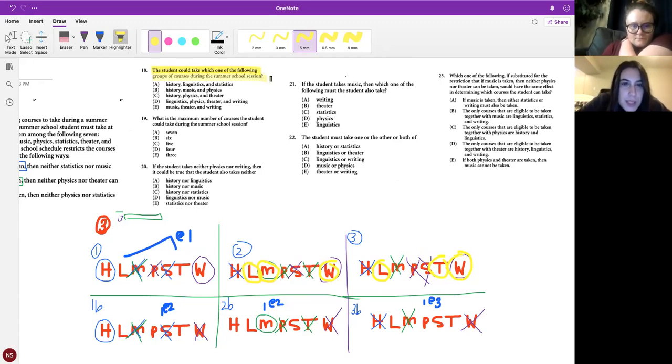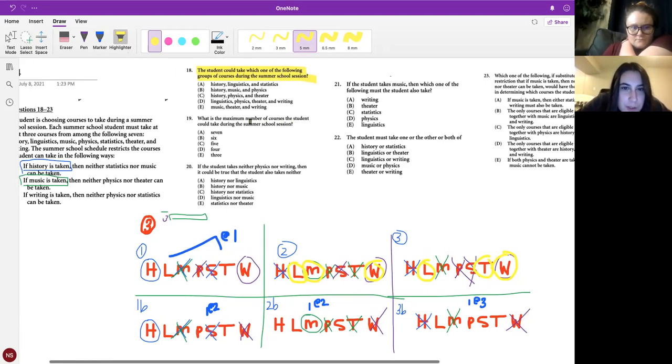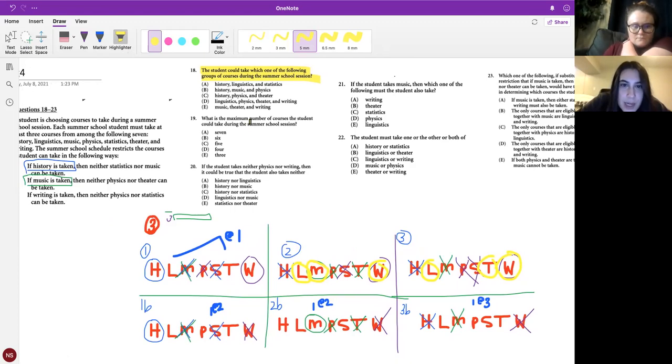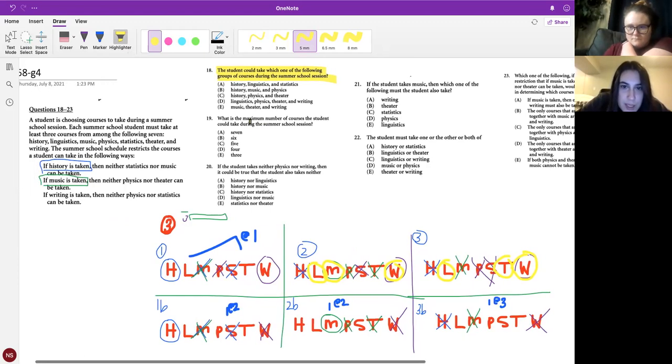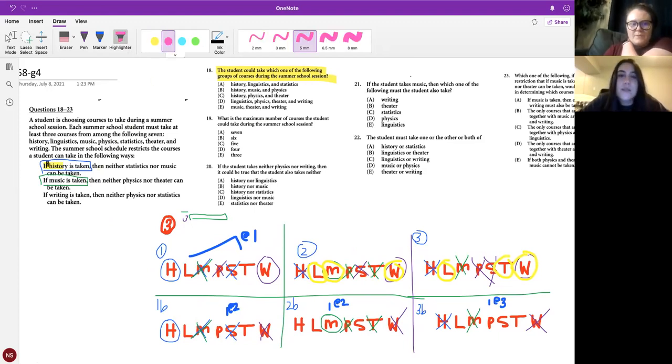So a student could take which one of the following groups of courses during the summer session? So I would look for history, linguistics, and statistics if we have that. Are you going through based on your rules? Yeah. No, because history can't be with statistics. So which one are you crossing off?